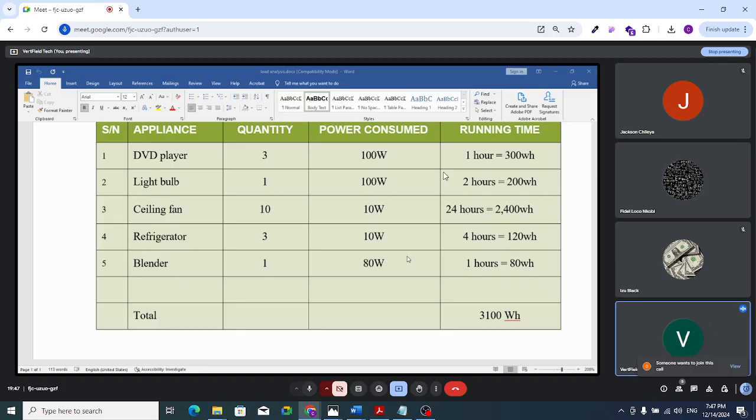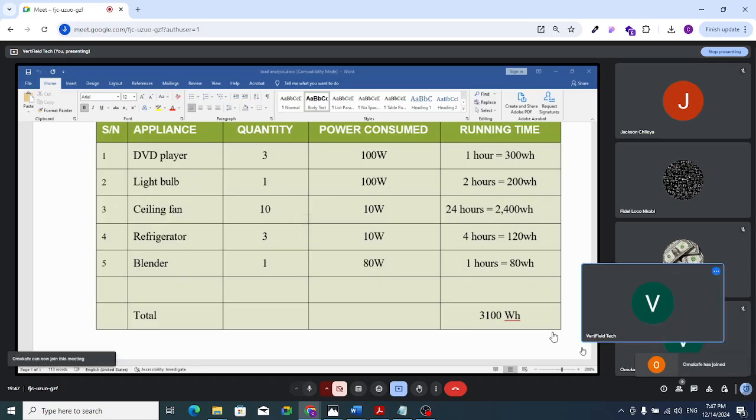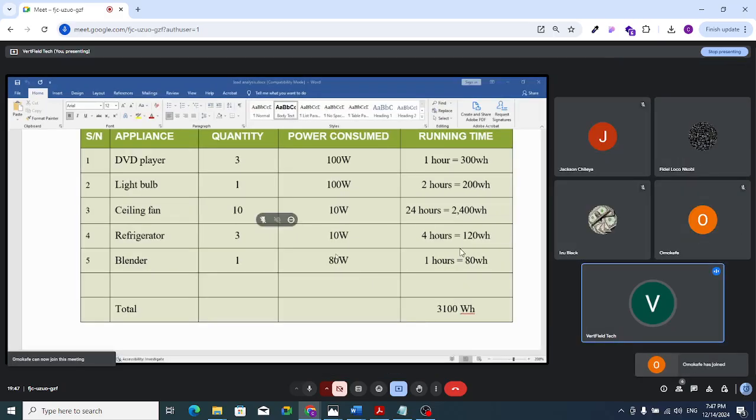Therefore, you can now say, on assumption, that you would be able to use 3.5 kVA, 4 kVA, or 5 kVA to power up the facility. Now, when I say 3.5 kVA, some people might have an issue with that.